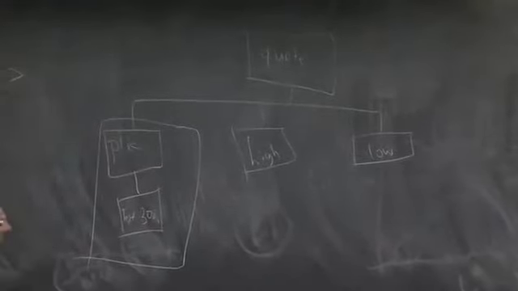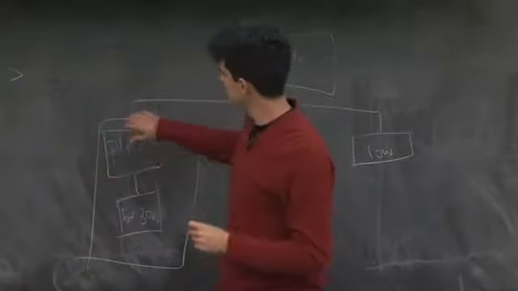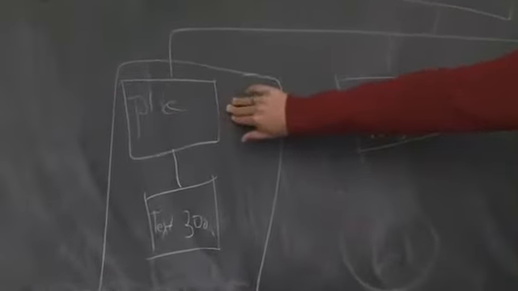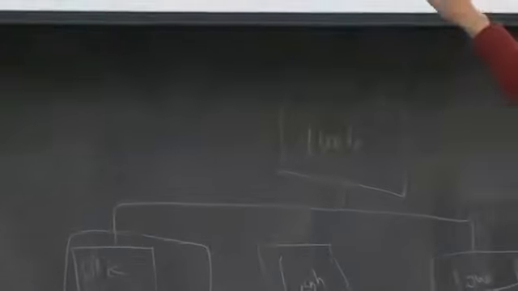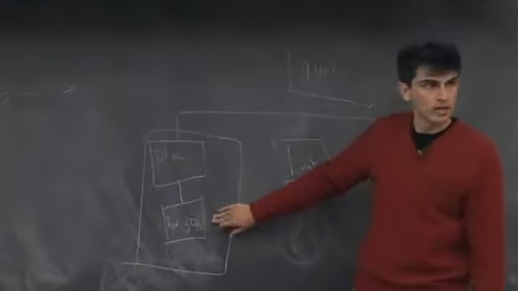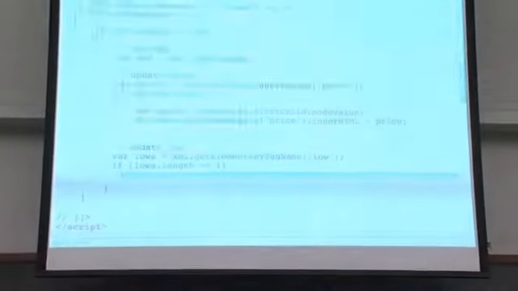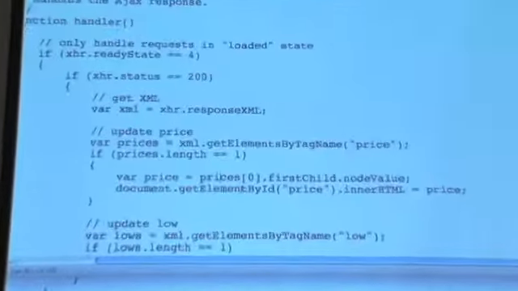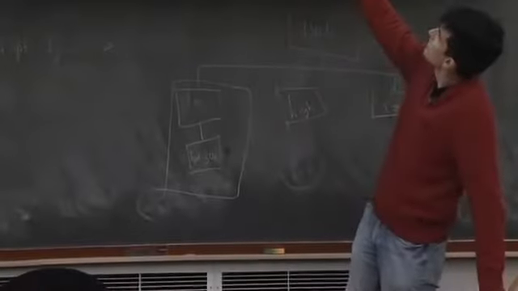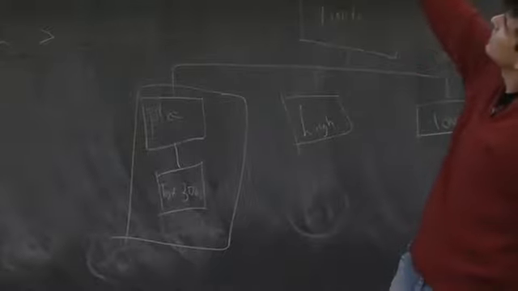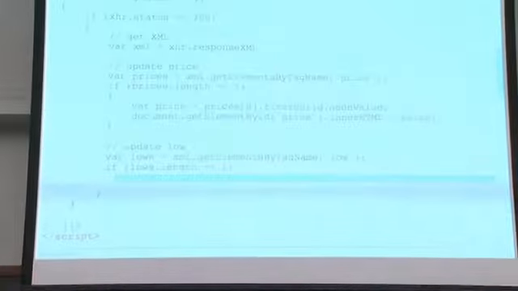Now, there's only one price element in it, so we're getting that object, the 0th item in this prices array. We're getting the first child of it, and we're getting the text value, or rather the node value, that's associated with that object. So this is returning to us the 300 something, and we can then insert that data using the inner HTML that references that one element ID.